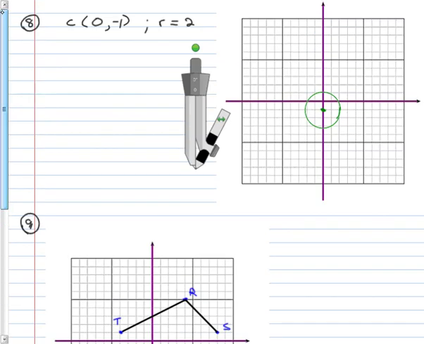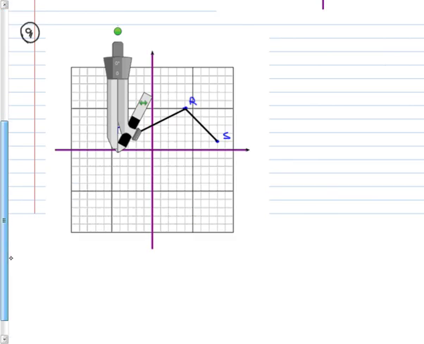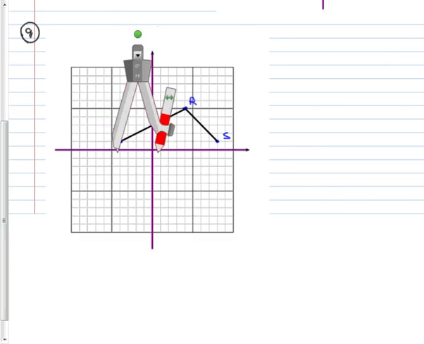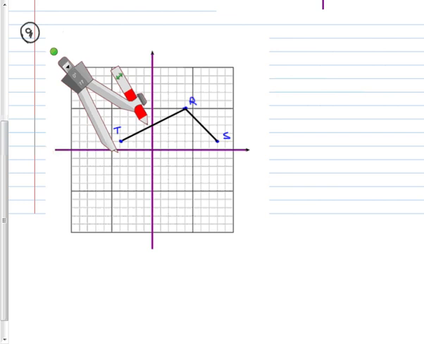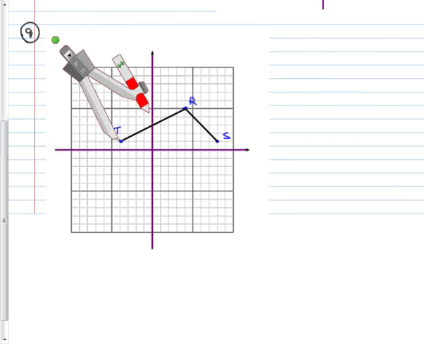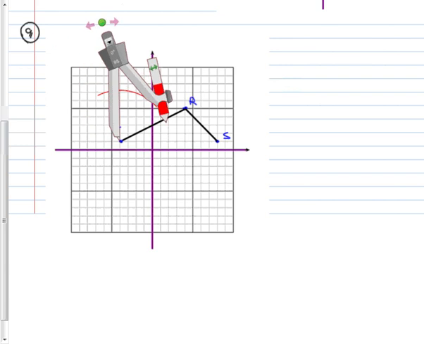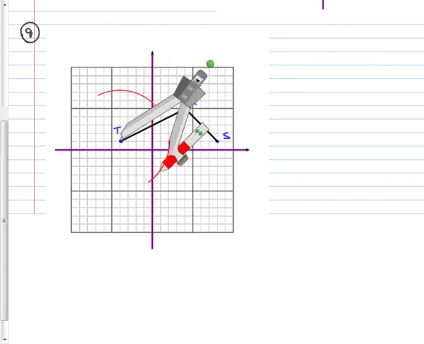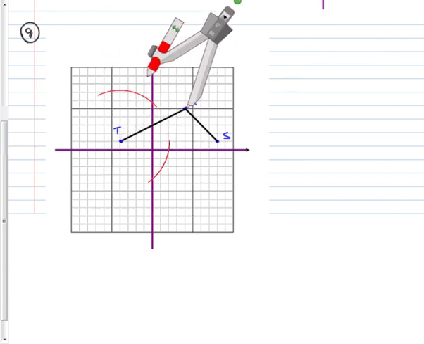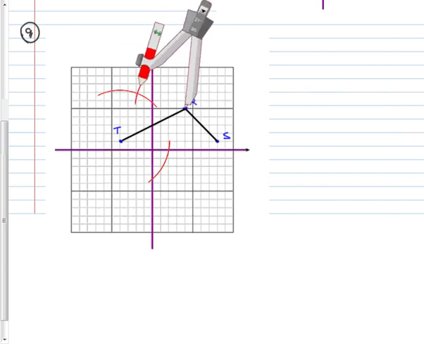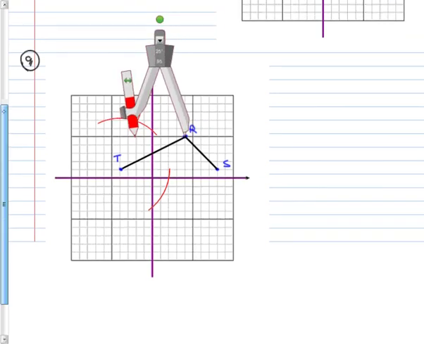Did I already get my compass out? I did. There it is. Okay, we need to bisect these things. So you remember how to bisect. I put my point on one end. I open it more than halfway. I'm going to draw an arc above and below. I go around to the other end of that chord and cross the 2 arcs.